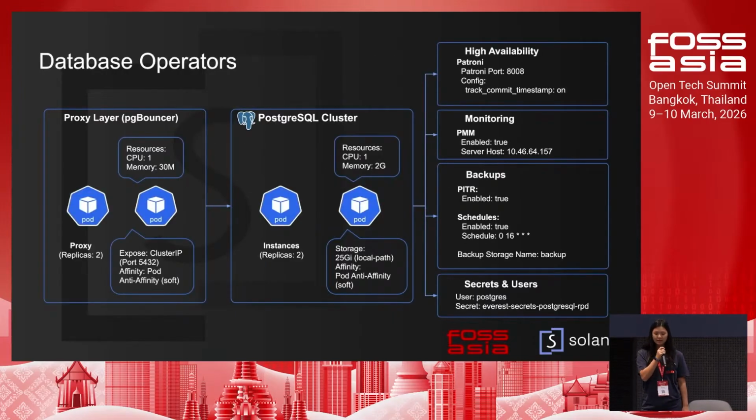So what does a database operator create or provision? This is what the Percona operator for Postgres creates, as an example. So it creates a proxy layer. This is about how you access, either through connection pooling.